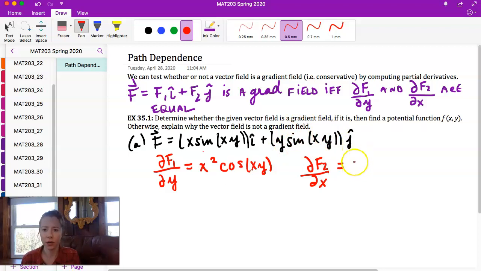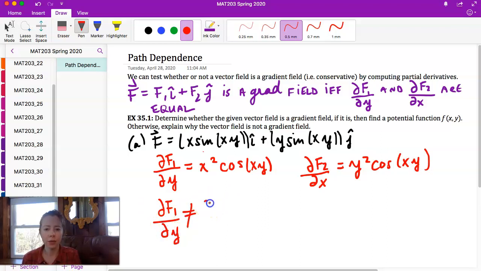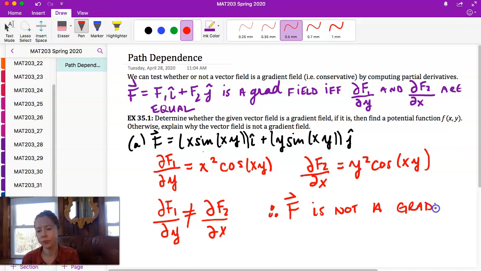So we have y squared cosine xy. And of course, it's clear that del f1 with respect to y is not equal to del f2 with respect to x, so we can conclude the field F is not a gradient field. So it's not conservative.